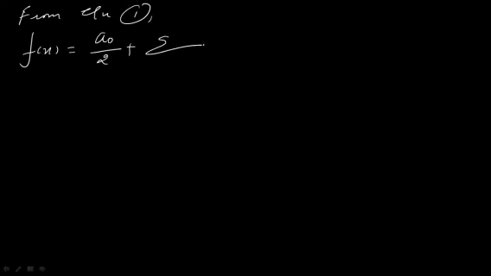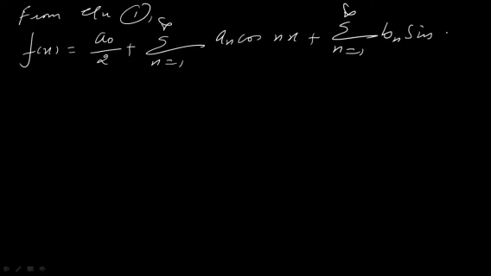Now let me substitute all these values in equation 1. So from equation 1, your f of x is equal to a0 by 2 plus sigma n is equal to 1 to infinity an cos nx plus sigma n is equal to 1 to infinity bn sin nx. Let me substitute the values of a0.